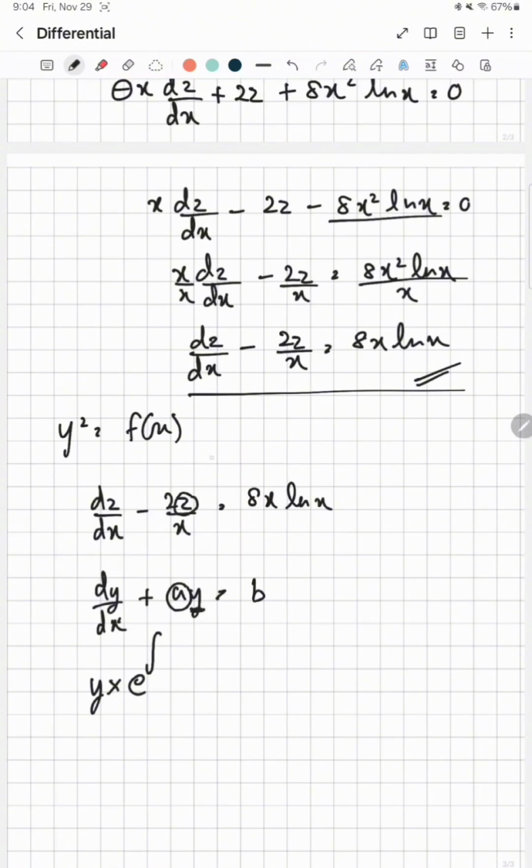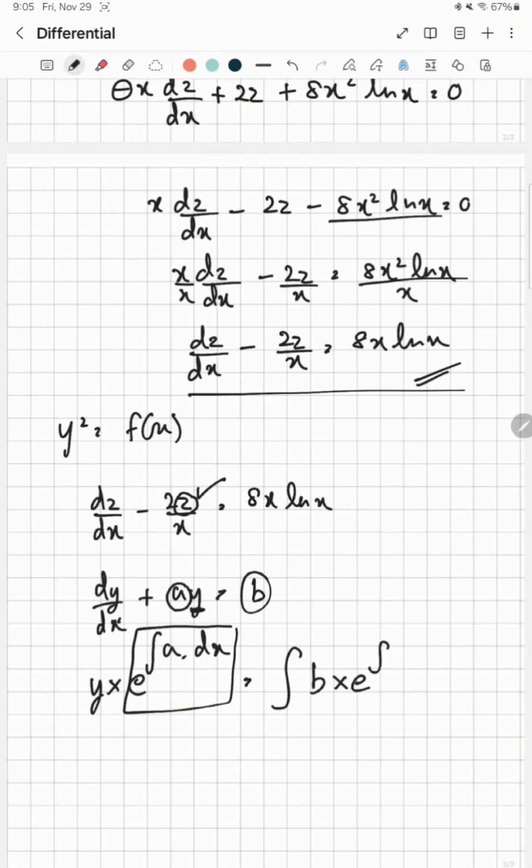So in this question, the letter is z, and the coefficient in front of z is 2 over x. So 2 over x is what we should integrate, and it should be e to the power of the integral of the coefficient, equals the integration of b into e to the power of that.